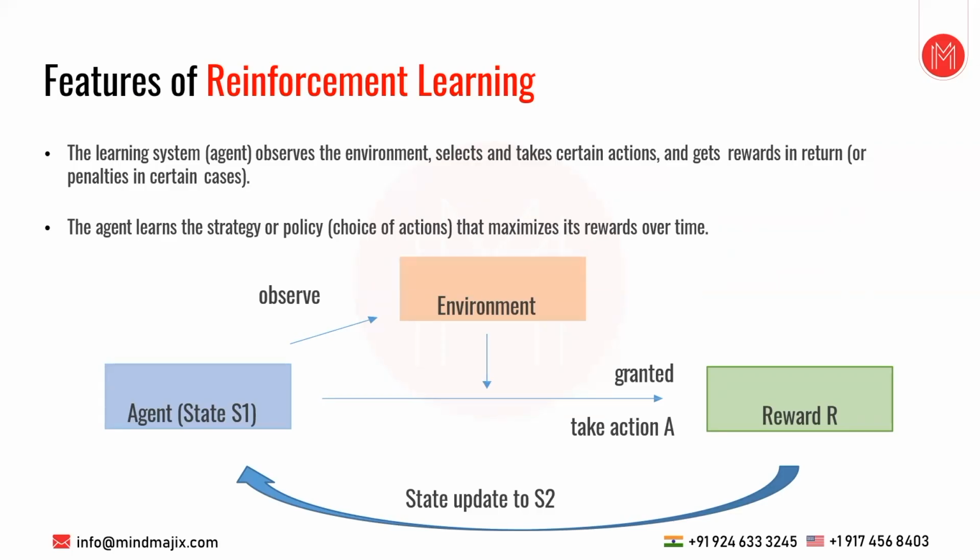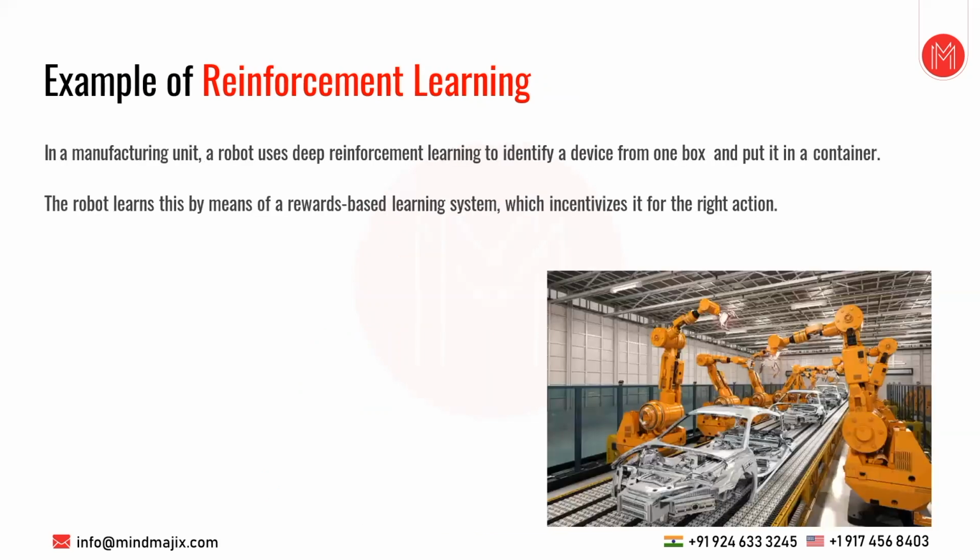In a manufacturing unit, a robot uses deep reinforcement learning to identify a device from one box and put it in a container. The robot learns this by means of a reward-based learning system, which incentivizes it for the right action. So that's how we get some idea about how the features of reinforcement learning work. After discussing the features, let's talk about some examples.